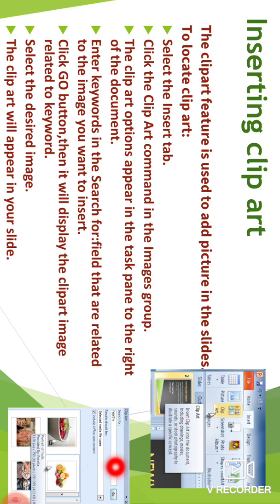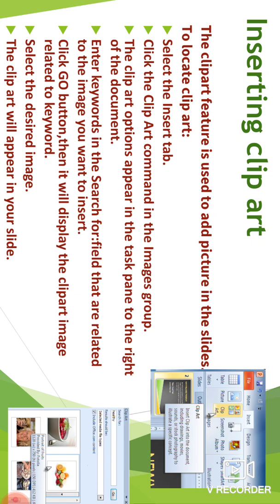Then when you click on this go option, the pictures related to that search open in front of you. Select the picture according to your slide, according to your requirement, then that clip art is inserted inside your slide. Simple method. Go to the insert tab, image group, clip art button.